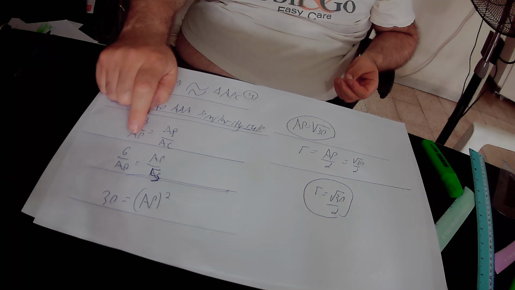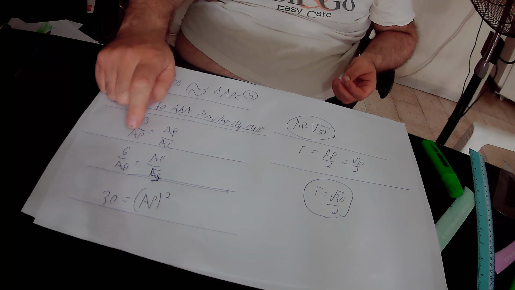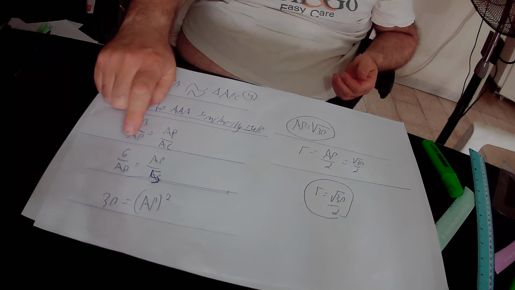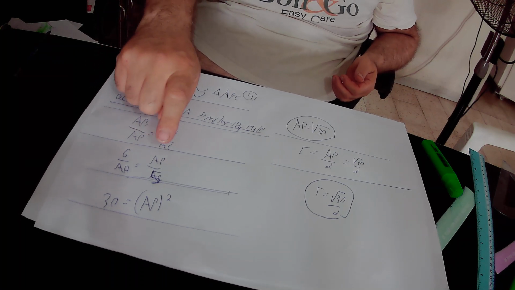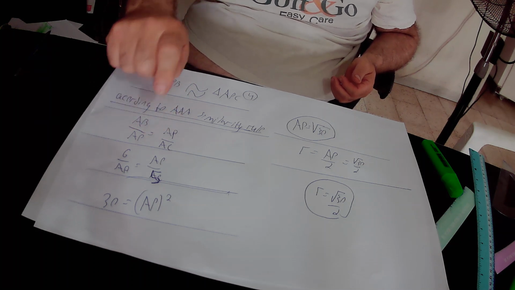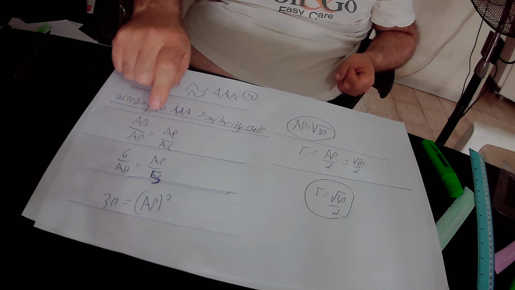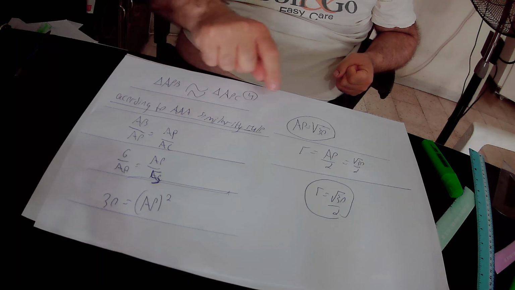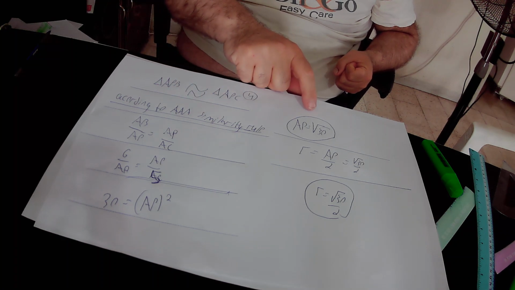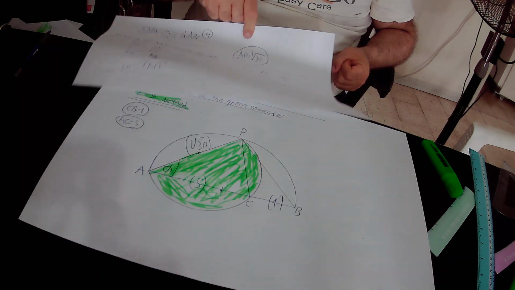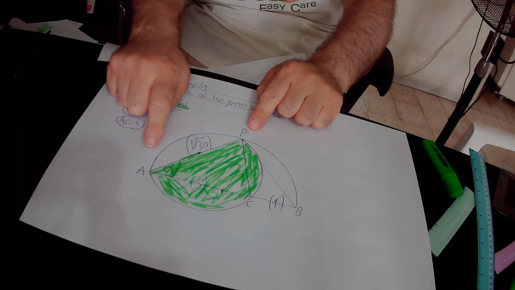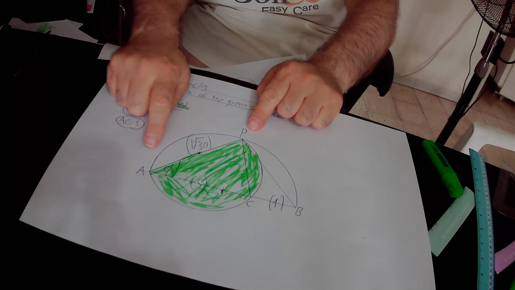Cross multiplying, we find that 5 times 6, that is 30, equals AP times AP, that is AP squared. So AP squared equals 30. Solving this equation, we find that the missing side AP equals the square root of 30 units.